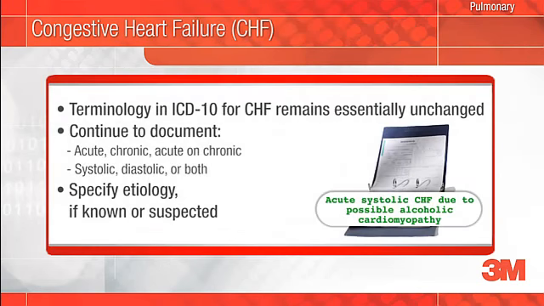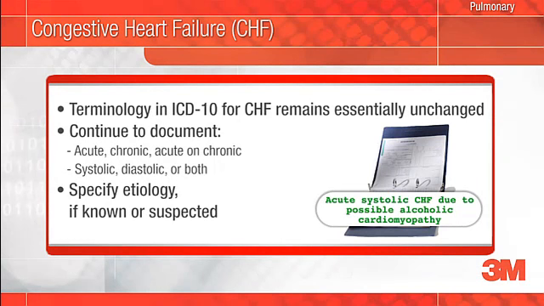ICD-10 terminology describing congestive heart failure remains essentially unchanged from ICD-9. However, there is currently an opportunity for improvement in documenting this diagnosis. To provide an accurate picture of the patient's severity of illness and risk of mortality, you should specify whether the patient's congestive heart failure is acute, chronic, acute on chronic, and whether it is systolic, diastolic, or a combination of both.